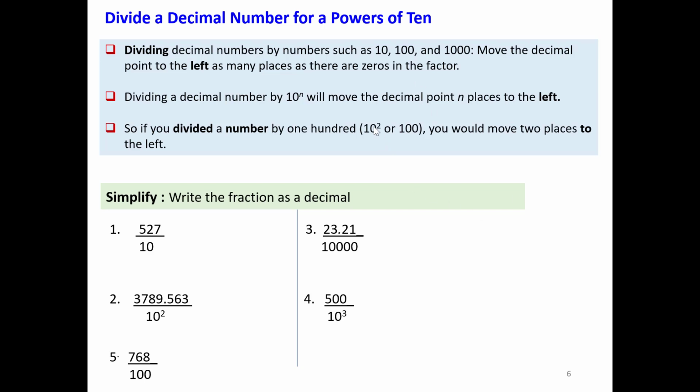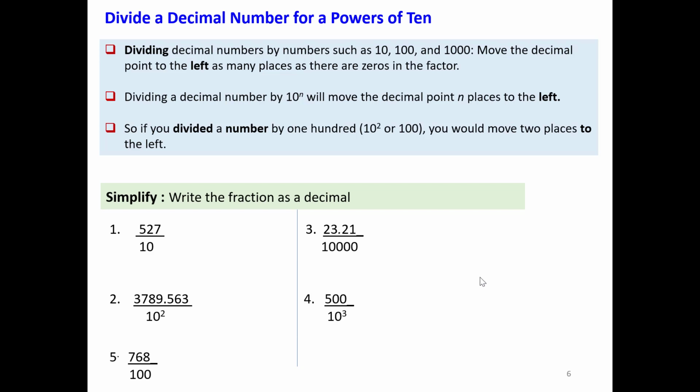If we divide a number by 100, even if it's indicated by 10 to the second power, or by 100, you will move the decimal point 2 places to the left. And let's try to solve these 5 problems.